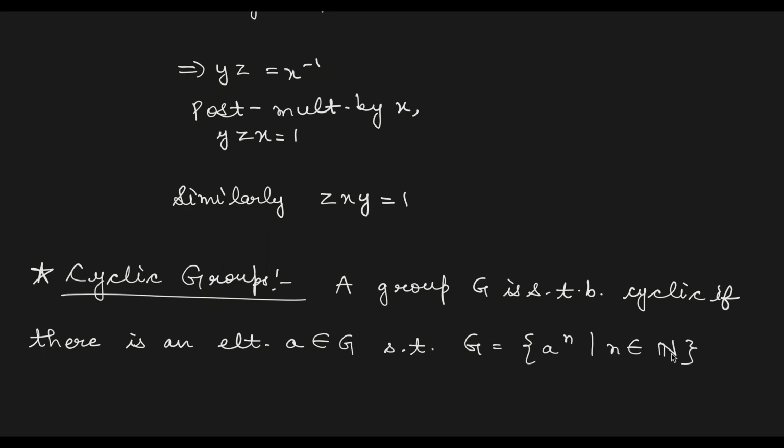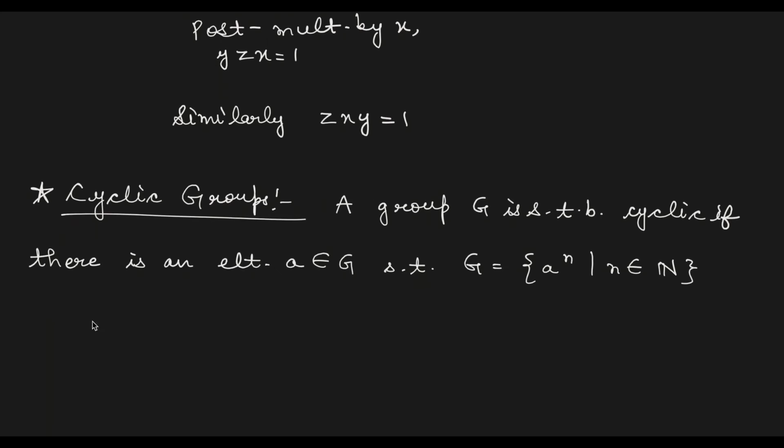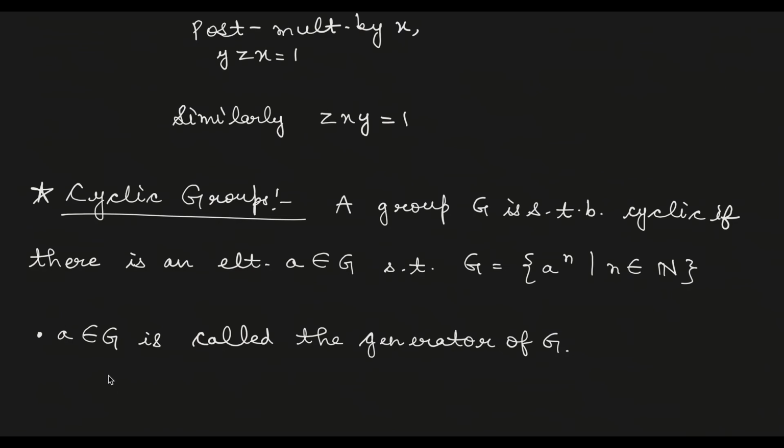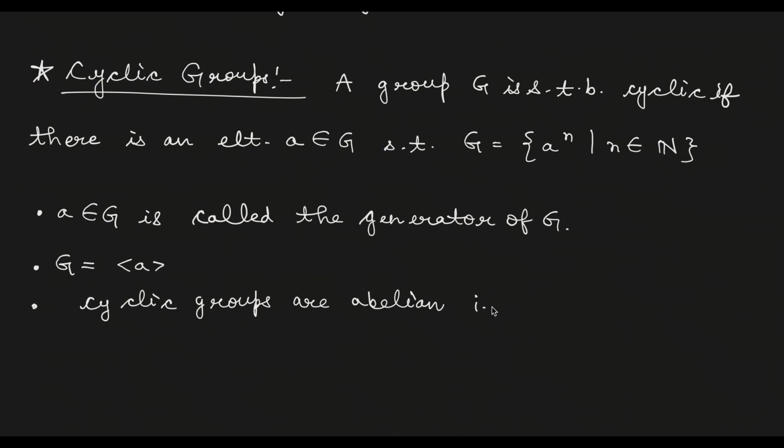Means all the elements of the group can be generated by this A. A belonging to G is called the generator of G. G is equal to generator A. Cyclic groups are abelian. Means cyclic implies abelian.